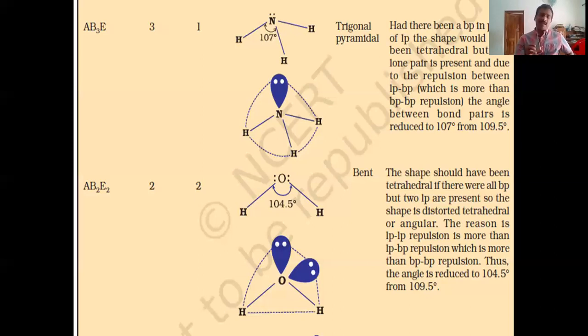So in this way, we can explain the geometry of several molecules using VSEPR theory. Now I think you may have an idea how to explain the geometry of molecules using VSEPR theory. When you explain, you concentrate on three things: draw the Lewis structure, find out the electron pairs, the number of electron pairs.